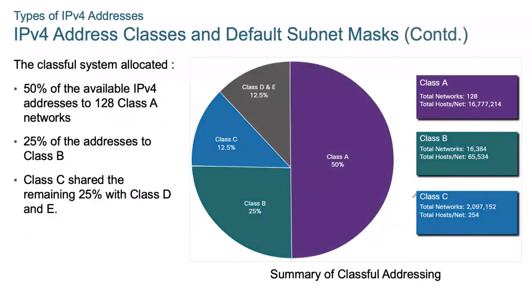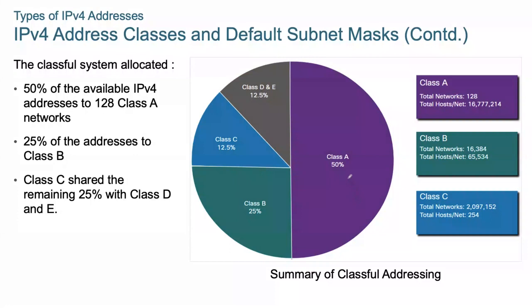So the entire classes of your IP address is classified as your class A uses 50% of IP addresses. Your class B uses 25% of IP addresses. Class C uses 12.5% of your IP addresses, and class D and E, which are used for your multicasting purpose, use 12.5% of your IP addresses.